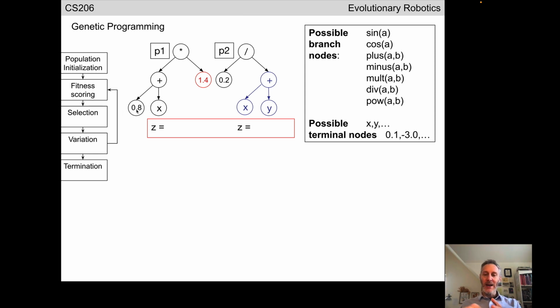We shake up our bag, we reach in again, we pull something out. In this case, instead of grabbing an operation, we grabbed an operand, a random floating point value. We stick that in. We still have an empty circle here. Reach into the bag again. In this case, we pulled out one of our independent variables, X. And remember, we filled in everything here, but we still have one remaining empty circle over here.